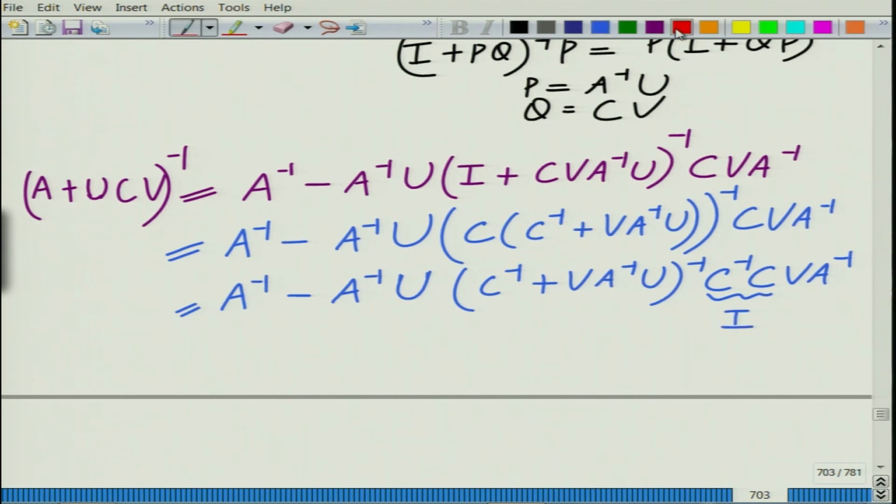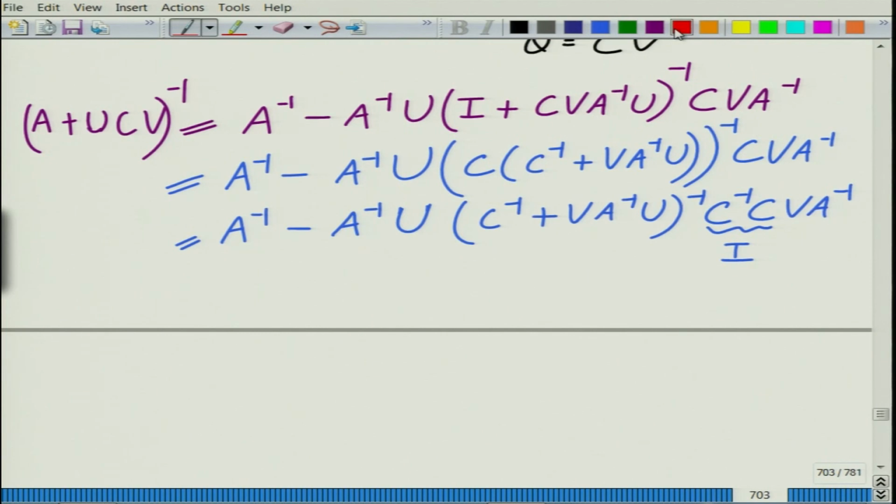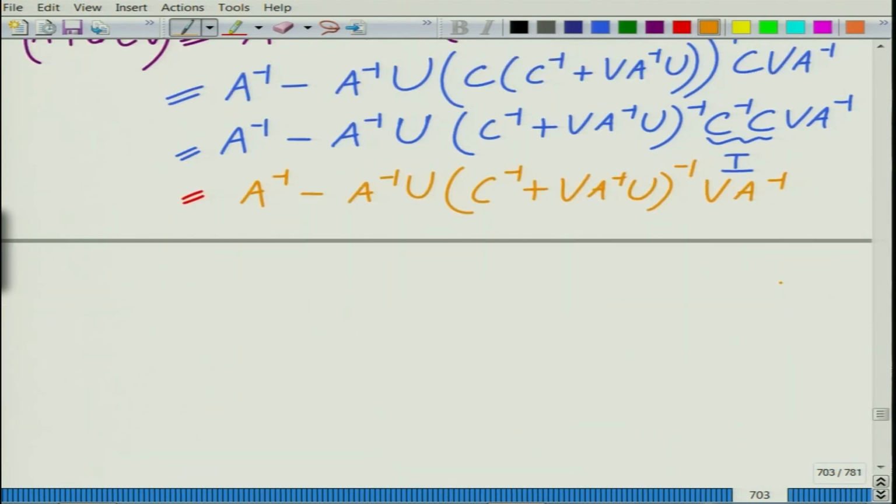That gives you the final expression for the matrix inversion identity, which is essentially A inverse minus A inverse U times (C inverse + VA inverse U) inverse, C inverse times C is identity. What remains is VA inverse, and that completes the proof of the matrix inversion identity.